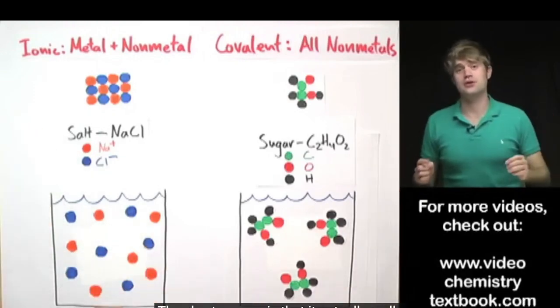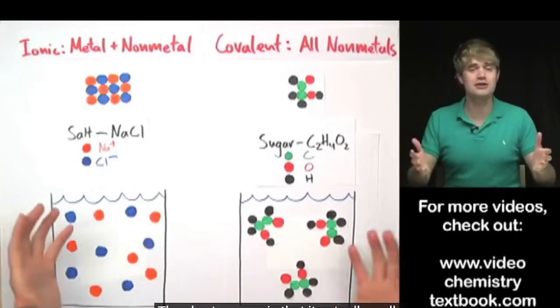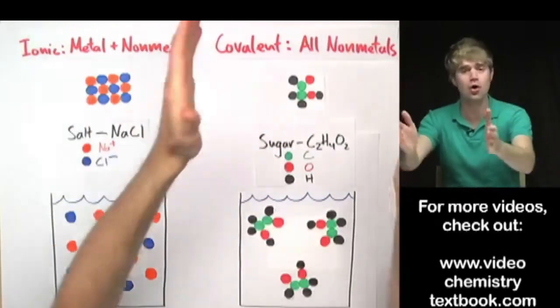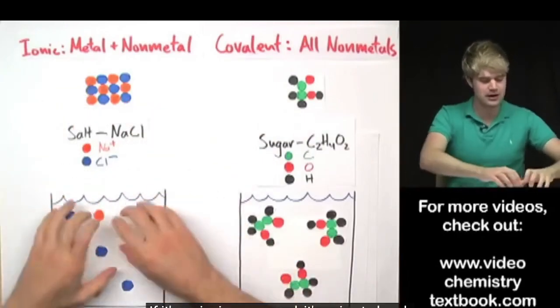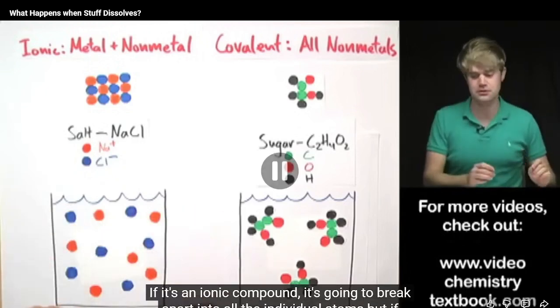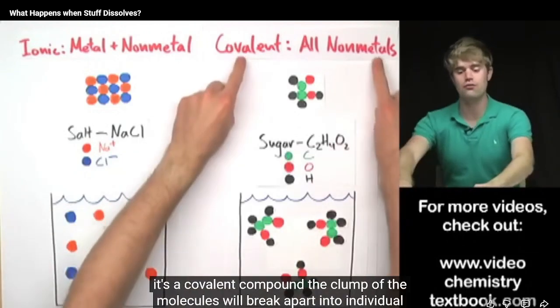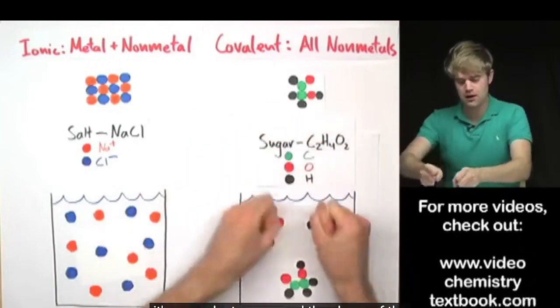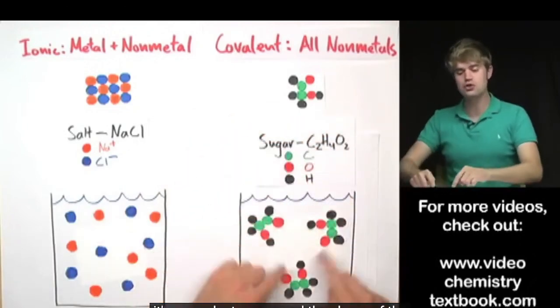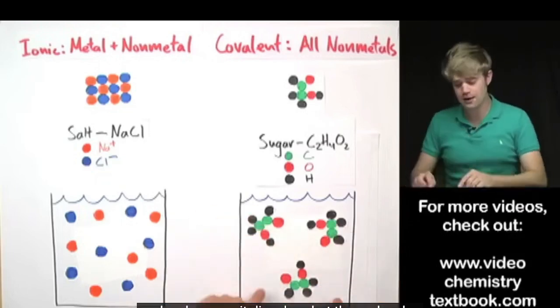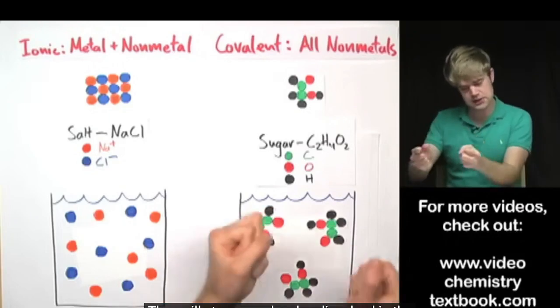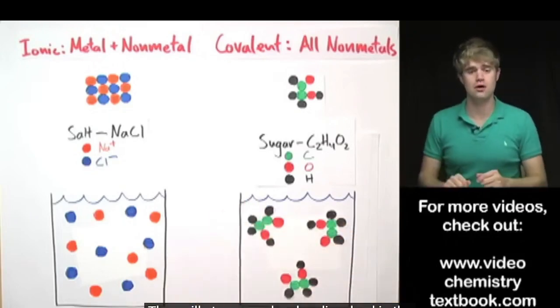The short answer is, it really depends whether you're talking about an ionic compound or a covalent compound. If it's an ionic compound, it's going to break apart into all of the individual ions. But if it's a covalent compound, the clump of the molecules will break apart into individual molecules once it dissolves. But the molecules themselves will not break apart into atoms. They will stay as molecules dissolved in the water.